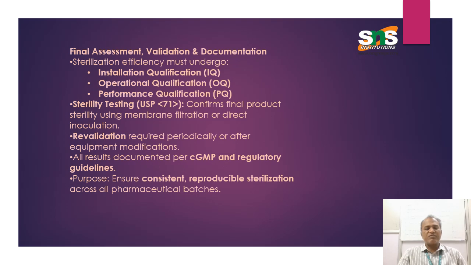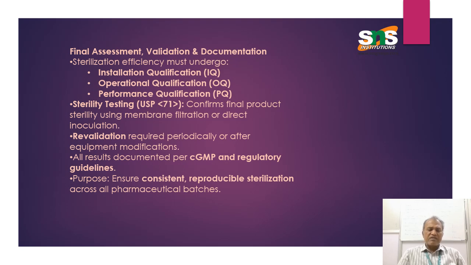Next, final assessment, validation and documentation in the industry side. So what are the final validation and documentation we are going to see? Sterilization efficiency must undergo installation qualification, operational qualification and performance qualification in industry. Especially sterility testing.